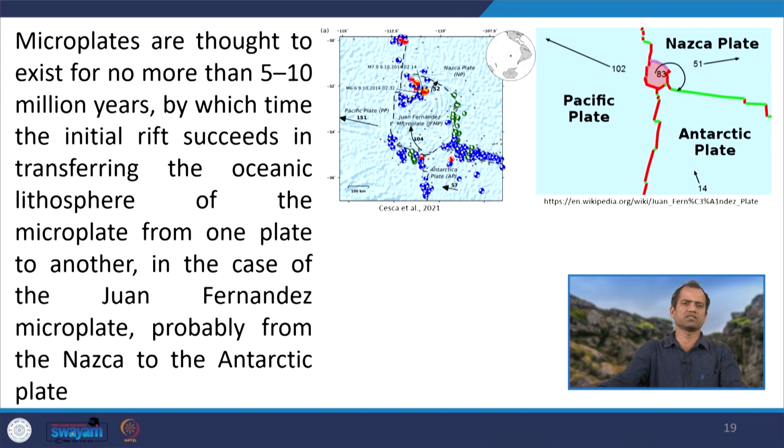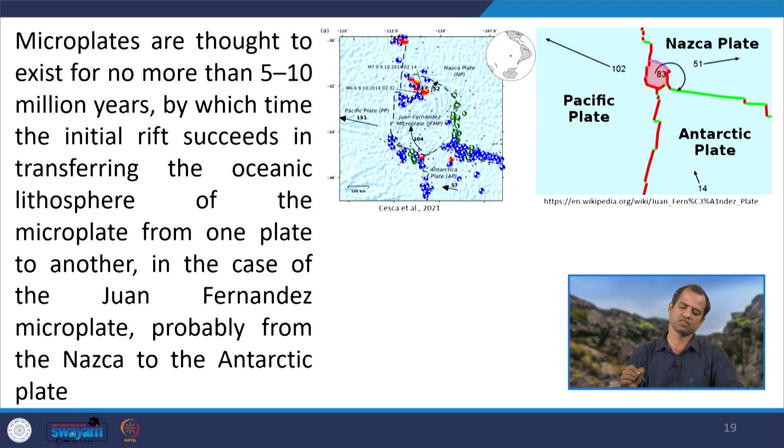So, microplates exist for no more than 5 to 10 million years, by which time the initial rift succeeds in transferring the oceanic lithosphere of this microplate from one plate to another. In the case of the Juan de Fuca microplate, this is probably from the Nazca to the Antarctic plate.